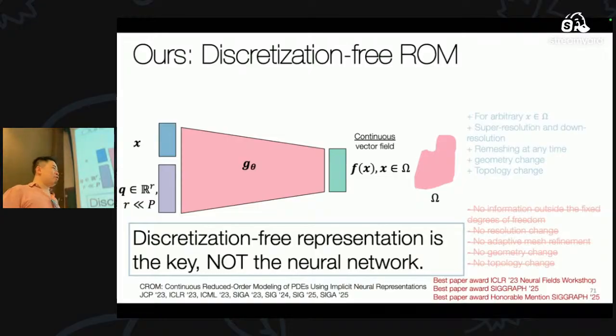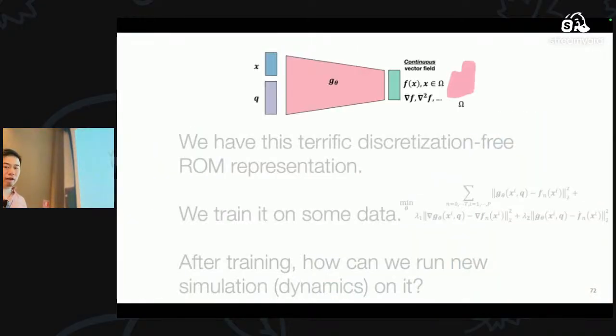The initial idea was at ICLR 2023, and then we did a computational physics paper and a series of SIGGRAPH papers, including the best paper award last year, as well as the best paper award on implementation last year. Because at SIGGRAPH you have a lot of time to polish the work, so maybe try some new ideas in other venues and really polish them in SIGGRAPH.